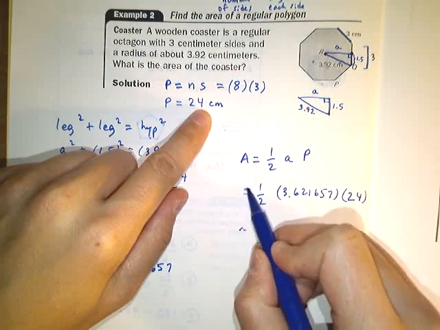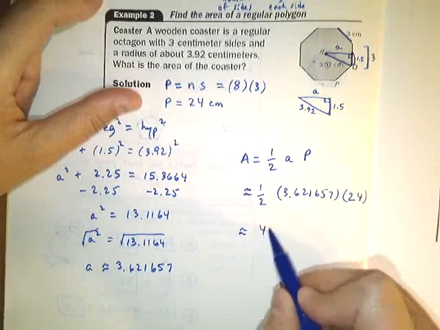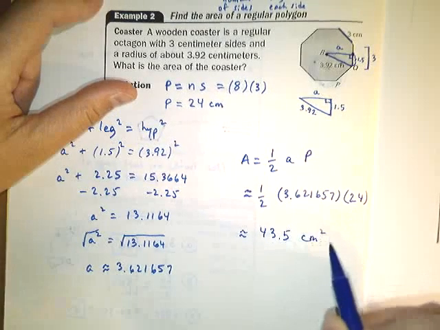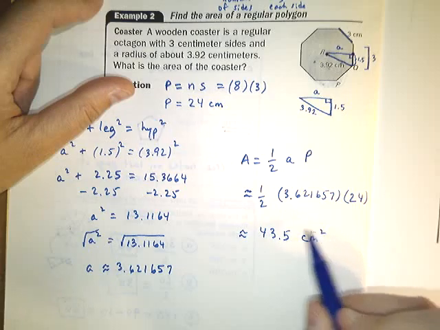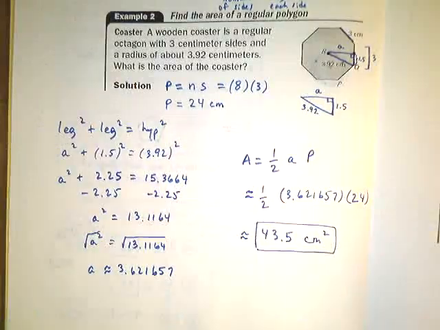So if I multiply all that together, I get approximately 43.5. This is area, so it's going to be in square centimeters. Remember to put the square here, not here. And there you go.